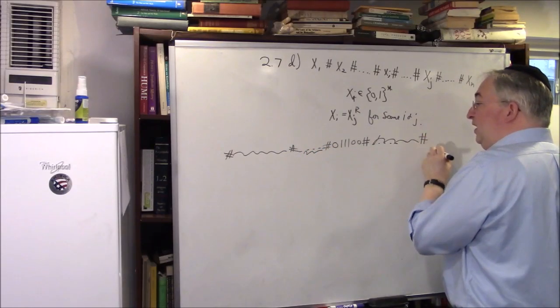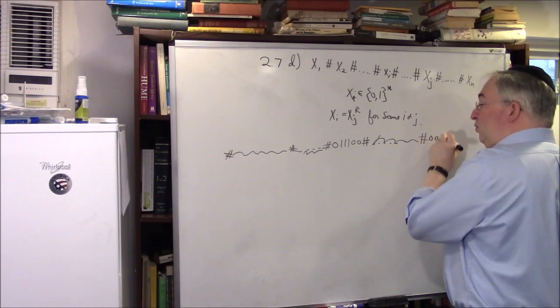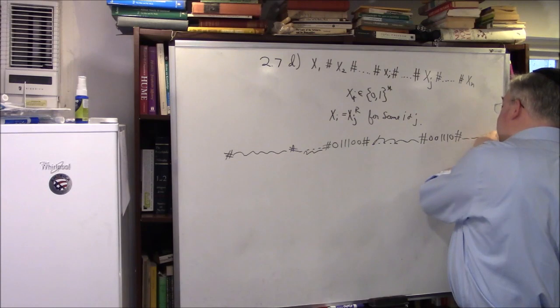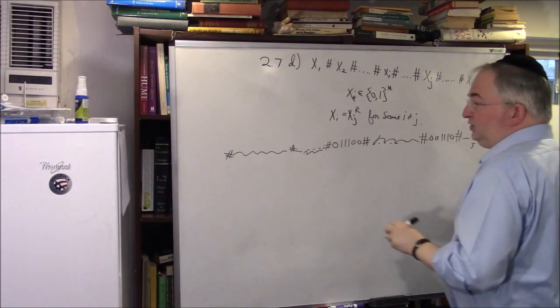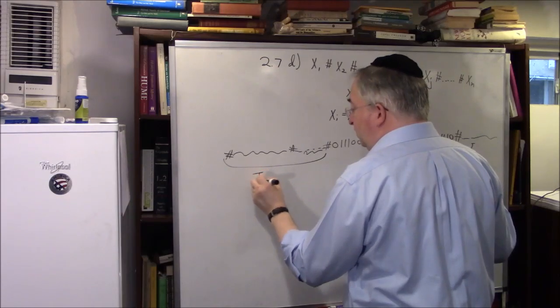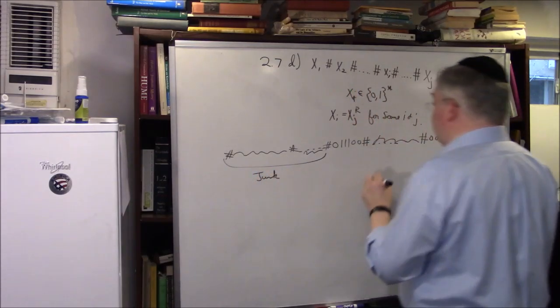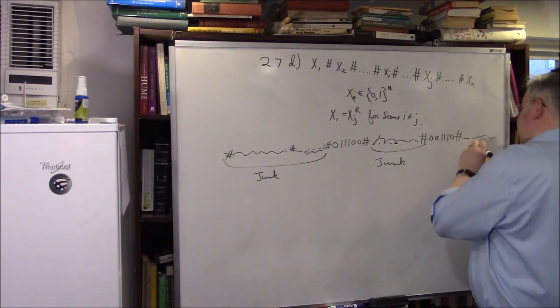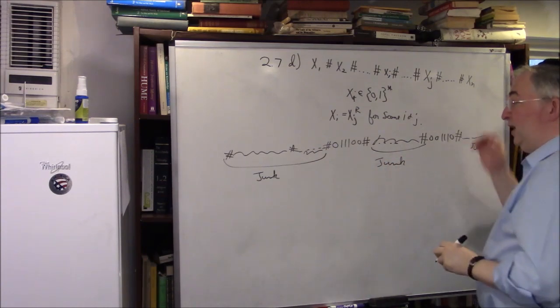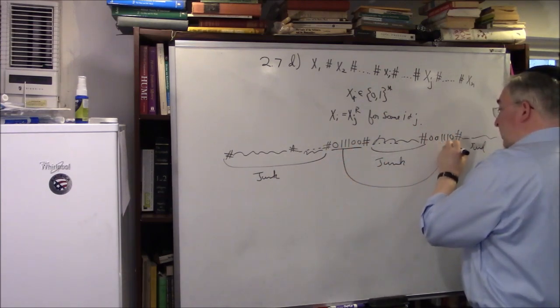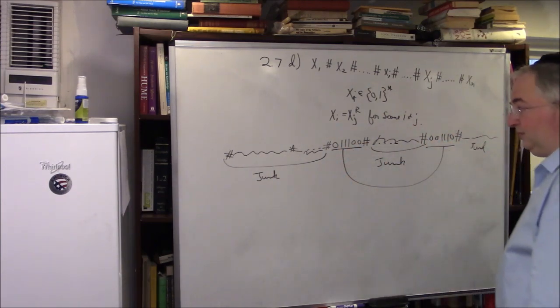And then you're going to have 0, 0, 1, 1, 1, 0, number sign, and then junk over here. Basically, this is going to be a lot of junk, this is going to be a lot of junk, and this is going to be a lot of junk. But the main point is this and this are reverses of each other.